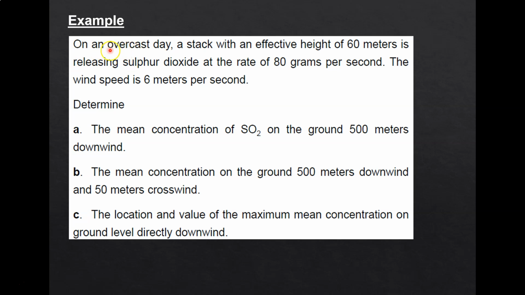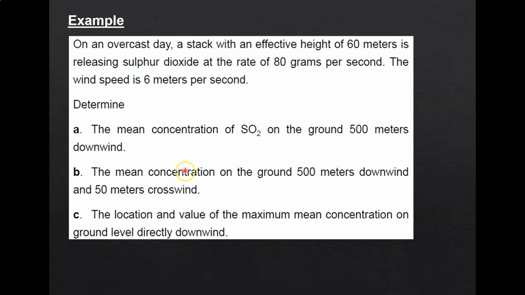On an overcast day, a stack with an effective height of 60 meters, so it already gives you the effective height of the source, is releasing sulfur dioxide at the rate of 80 grams per second. The wind speed is 6 meters per second. You need to determine A, the mean concentration of sulfur dioxide on the ground 500 meters downwind.